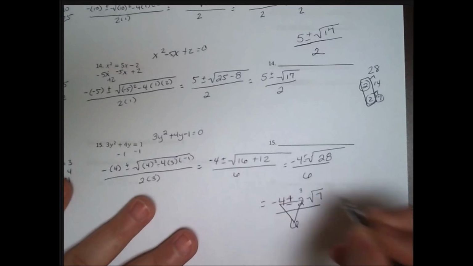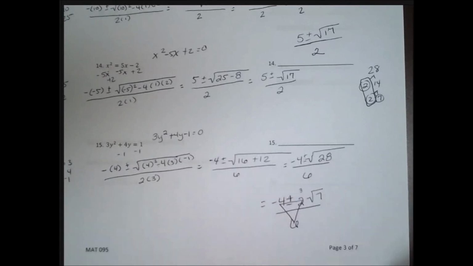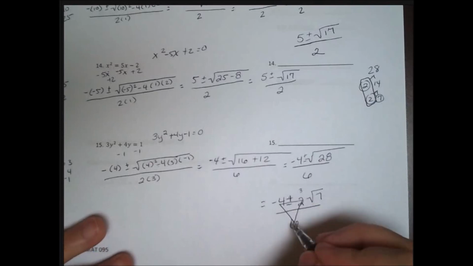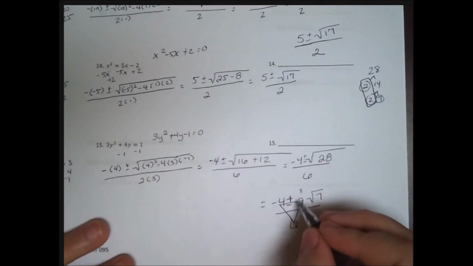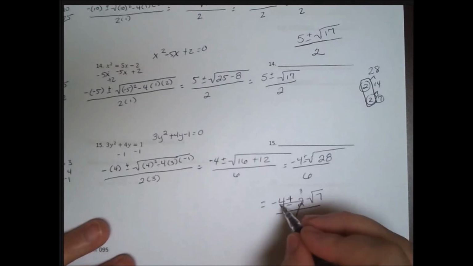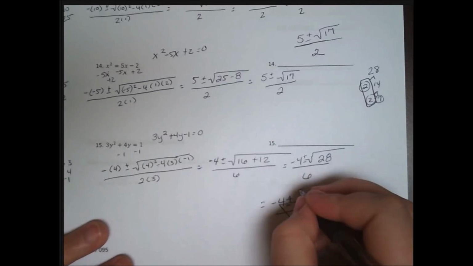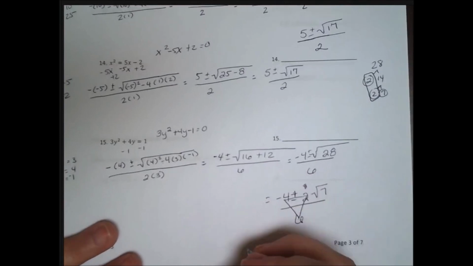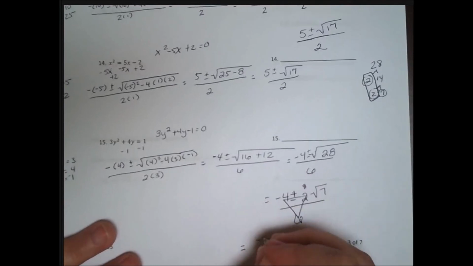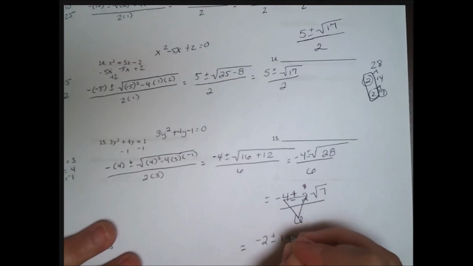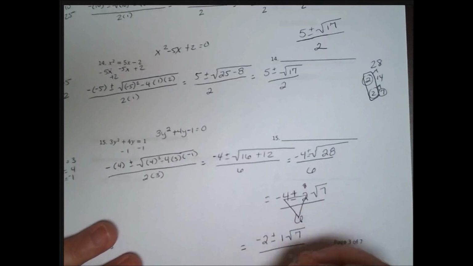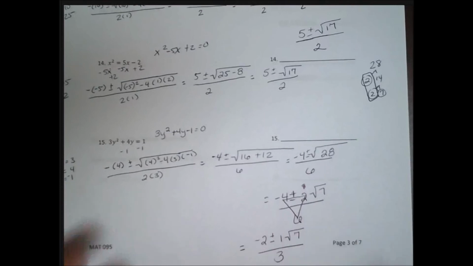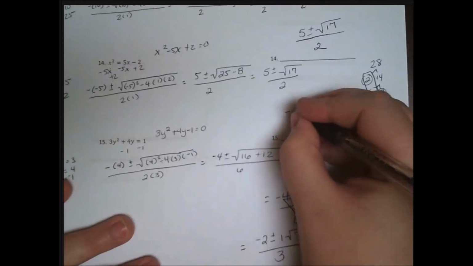We're just going to say, for instance, if that had been a 3, you couldn't do it because 6 and 4 have something in common. 6 and 3 have something in common, but 3 and 4 wouldn't have anything in common. Okay, so since 2 divides into all of these, we can simplify, which gives us negative 2 plus or minus 1 square root of 7 over 3. You can put the 1 there, you can leave it off. I do not care. It means the same thing.